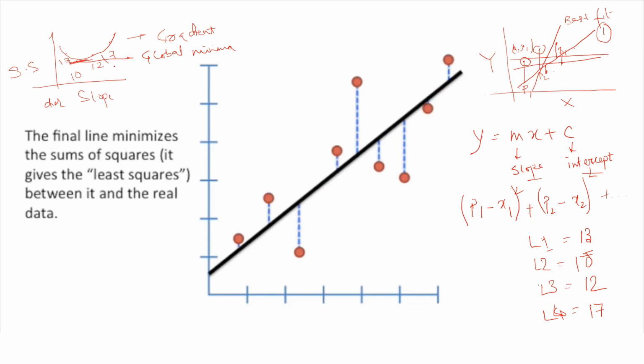We will not go into the mathematical calculation, but just to give you the intuition, this is the point with the optimal sum of squares, and this will give you the optimal value of slope and the optimal value of your intercept.